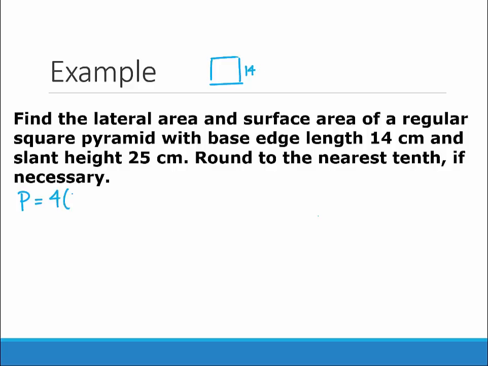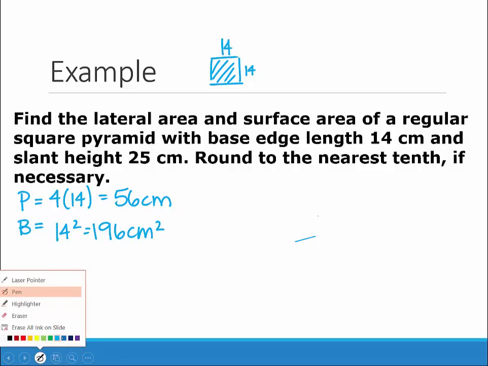So 4 times 14, which is 56 centimeters. The other thing we need to know that they don't give us is the area of the base. Because this is a square, we have 14 times 14, which is 196.